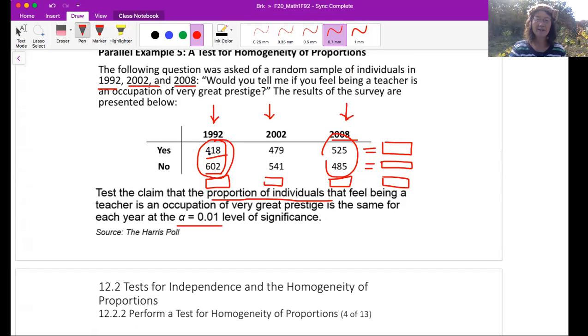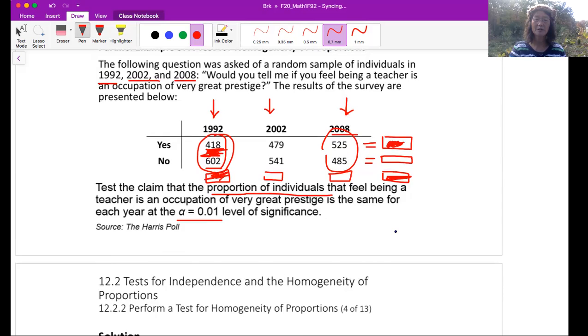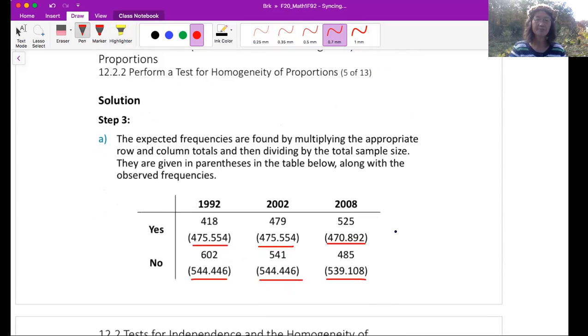And then how do you calculate the expected number for yes in year 1992? You use the row total, this number, times this number, divided by the grand total, and you get the expected number. And the result is 475.554.